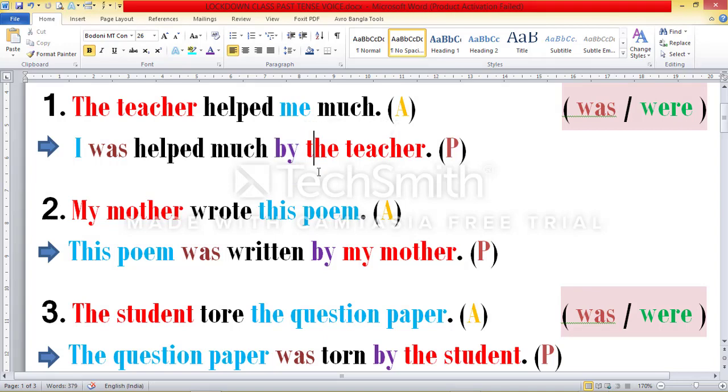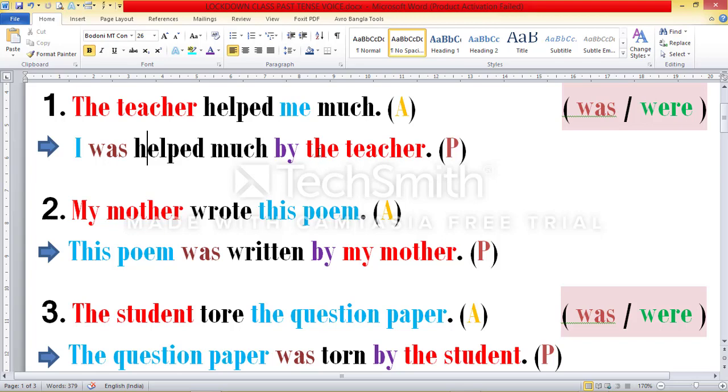Then after putting the preposition, we have to make the subject object. So the teacher here has become object. So the passive form of the sentence, the teacher helped me much, is I was helped much by the teacher.